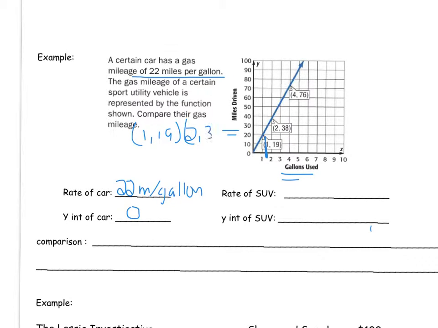You name your 2 points, and you do the arrow trick: y sub 2 minus y sub 1 over x sub 2 minus x sub 1. Either way, we get 19 miles per gallon. And the y-intercept, it is going through at 0 as well. So 0 gallons uses 0 miles.